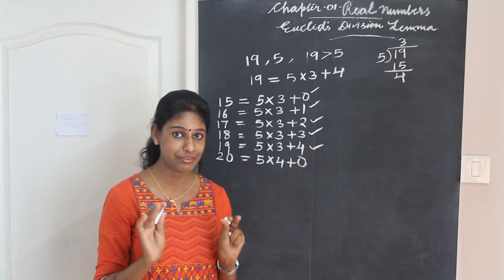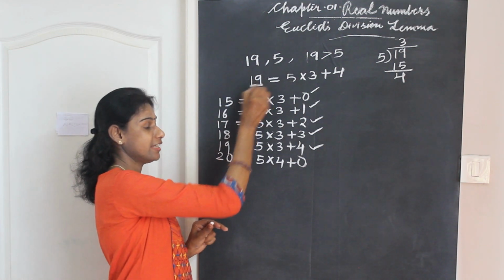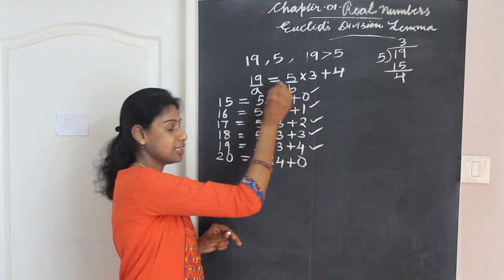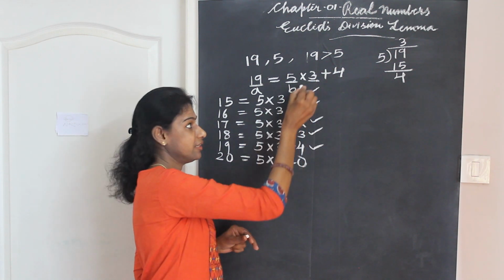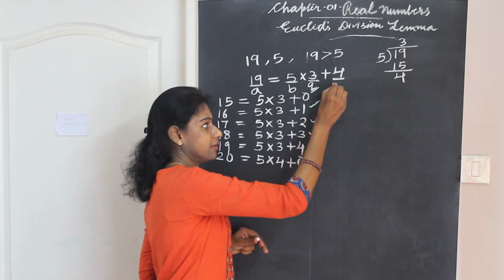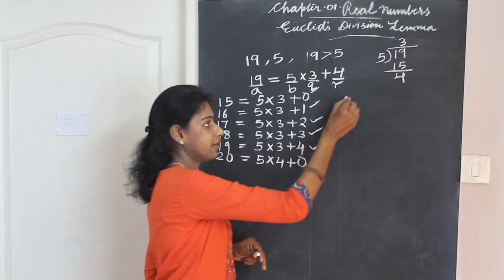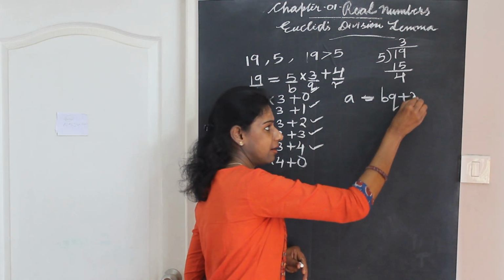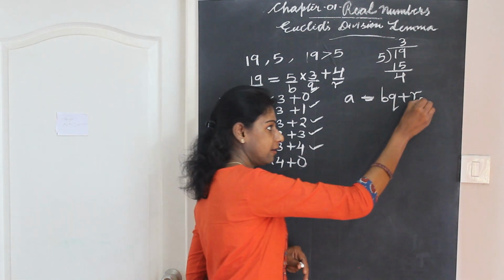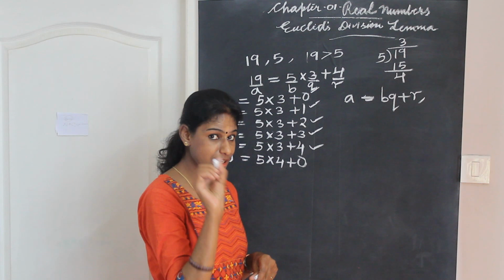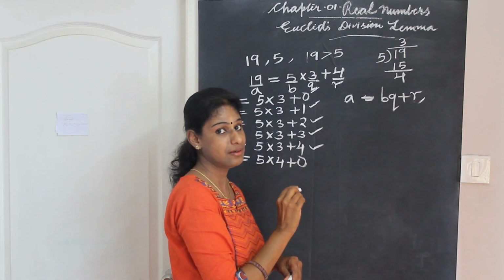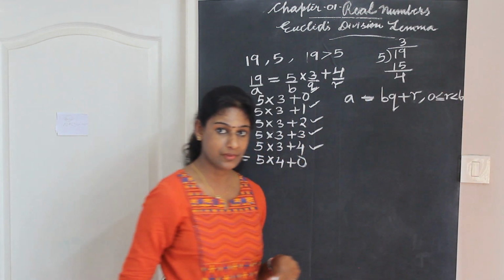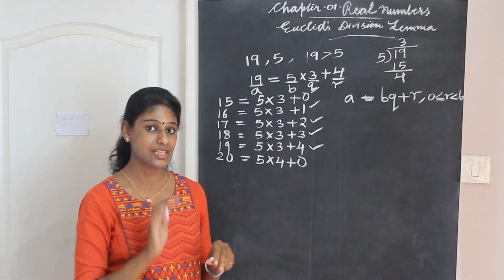If we state it in the form of a lemma, we can take this 19 as a, this divisor as b, this quotient as q, remainder as r, then we can write a is equal to b multiplied by q plus r, where the most important thing is the value of the remainder, that is 0 less than or equal to r less than b. That means 1 less than that of b, starting from 0.